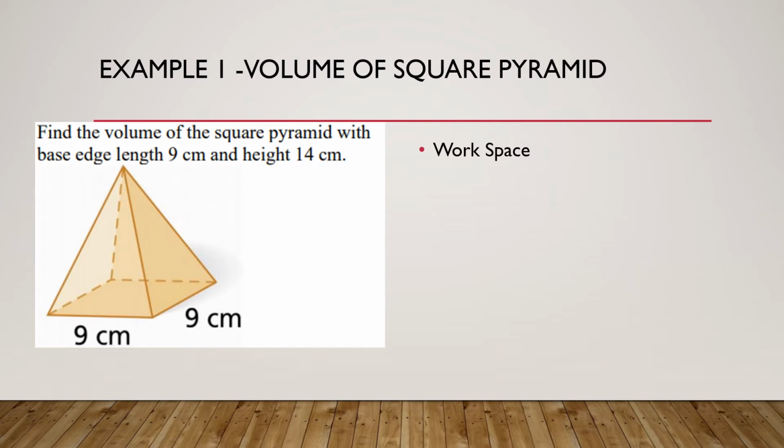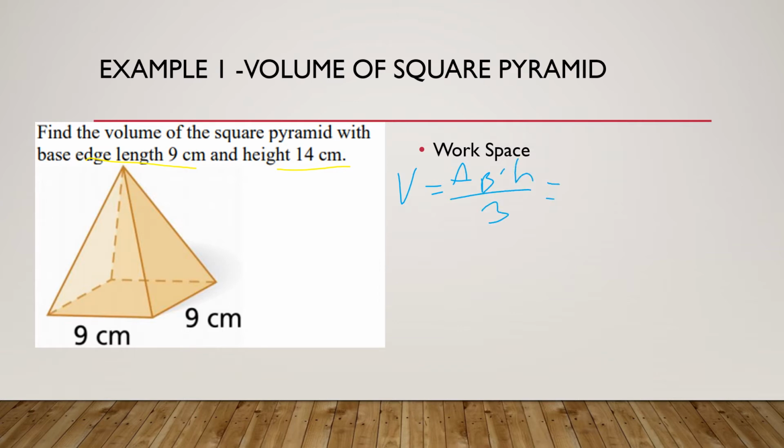So on all of the problems, as you work through them, you would just find the appropriate formula and substitute in the values. So here we have a square pyramid where the edge length of our square is 9 centimeters and our height is 14. We'd start off by filling in the formula. So volume is area of the base times h, all divided by 3.